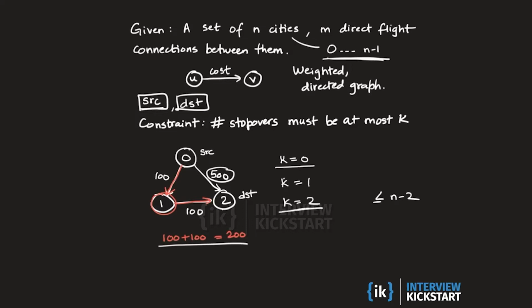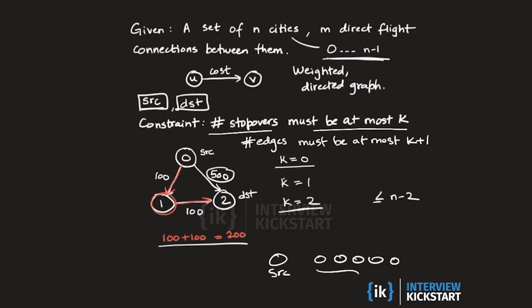And this makes sense because the number of stopover points is just one less than the number of edges along the shortest path. So another way to say that the number of stopovers must be at most k is to say that the number of edges along the shortest path must be at most k plus 1, because if there were k stopover points along the way from the source to the destination, then the total number of edges along that path would be one more than k.